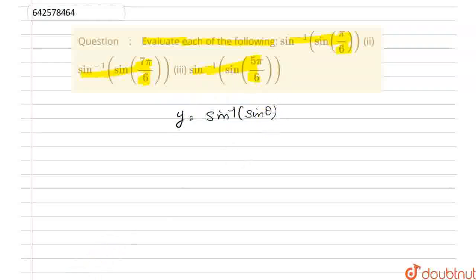So, the curve will be, now this is our coordinate axis. Now, let's take these are coordinate axis, and this point will be plus pi by 2, this point will be minus of pi by 2. Now we have to draw the curve of sine inverse of sine theta.